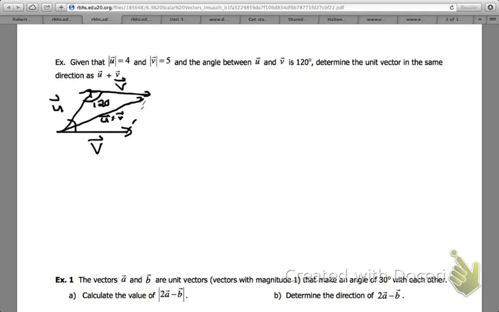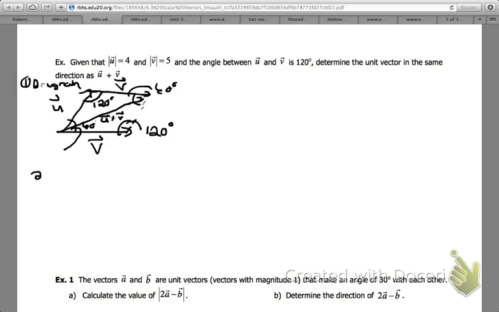We know that this angle measurement is 60 degrees, along with this angle measurement would also be 60 degrees, and this one here 120 degrees. So we want to determine the unit vector in the same direction. Our first step is to always draw our diagram with what we're working with.